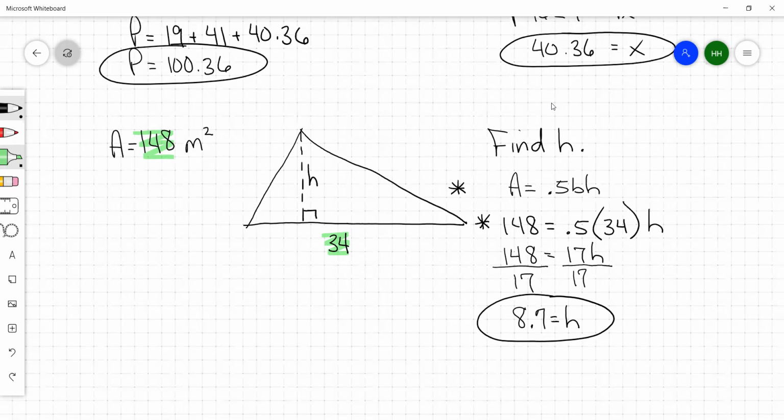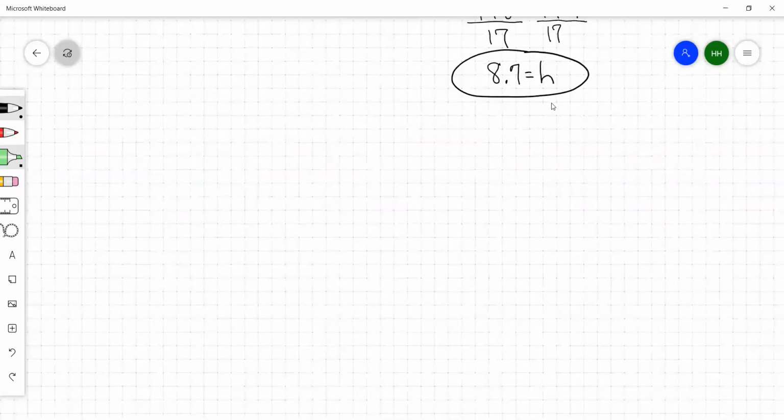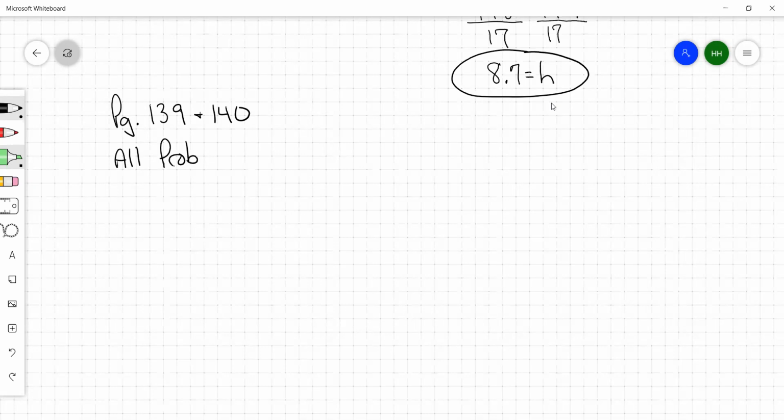So here's your practice for today. Page 139 and 140. All problems. You're doing all the problems.